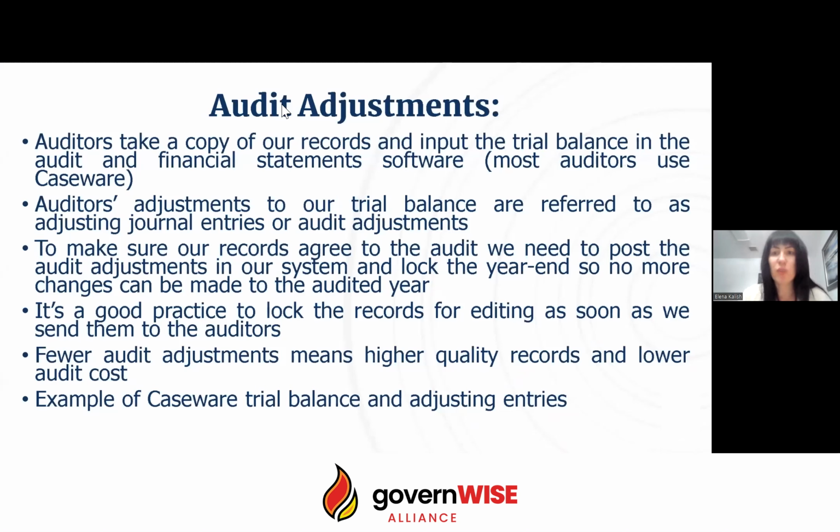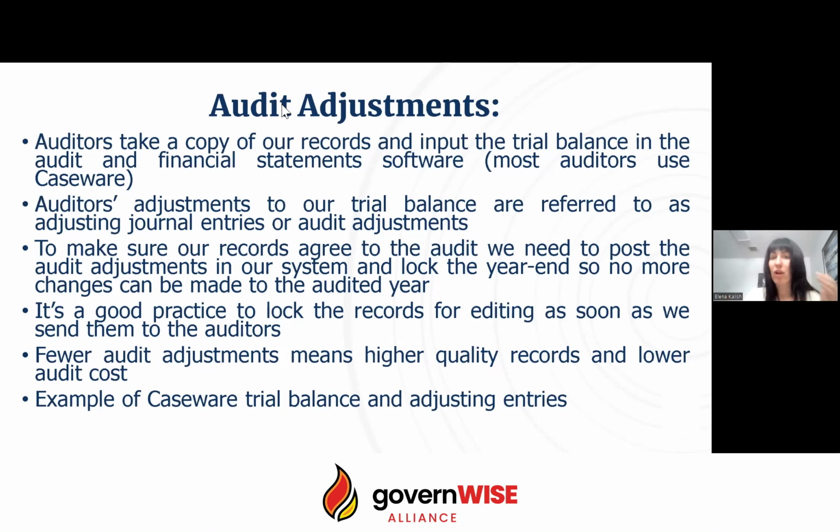So the way auditors work is they take a copy of our records, normally an electronic copy, and then they take our trial balance, which, if you remember, is a list of all our accounts and categories with balances at the year end, and they input the trial balance into their own software. Most auditors use Caseware, which is auditing and financial statement software.